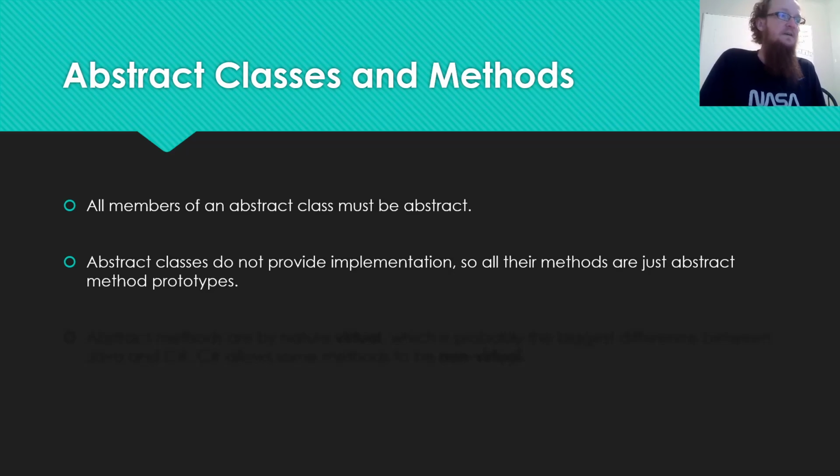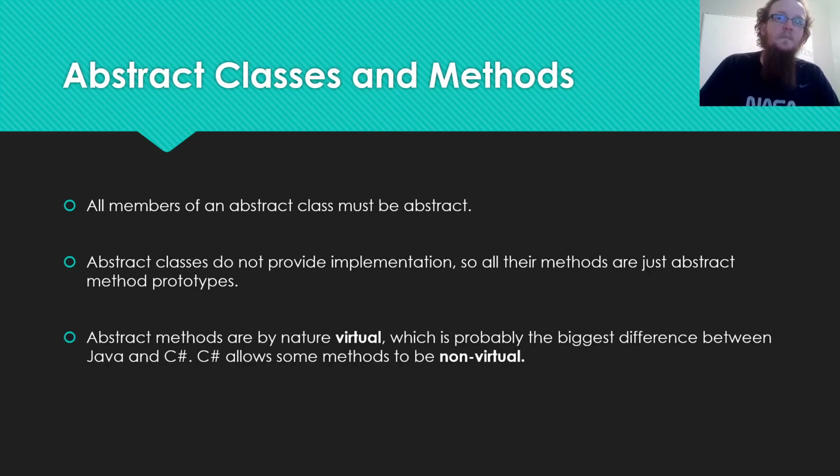So this is basically a logical grouping of method prototypes. Those method prototypes have to be implemented by a child class, however that child class sees fit. So these things, abstract classes, are much closer in behavior to an interface than they are to a base class, but they are a class and not an interface.